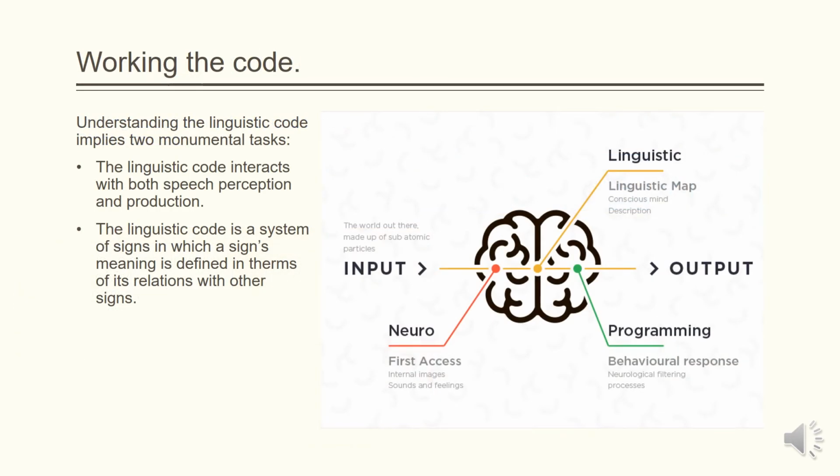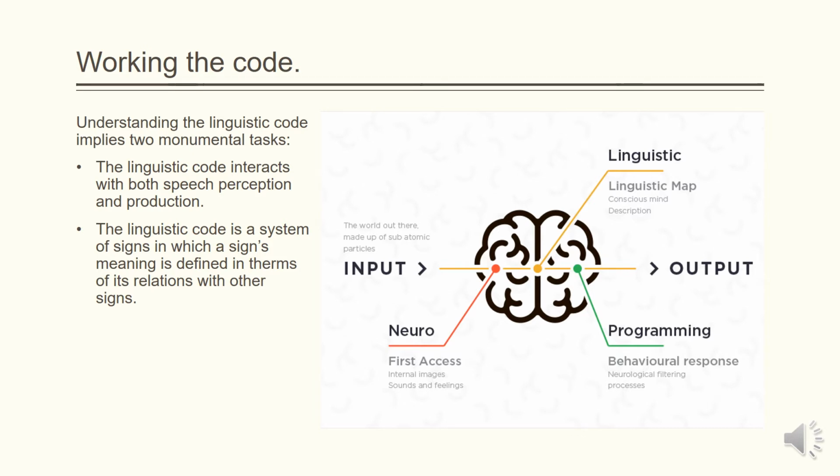Okay, now we are going to focus on the code. Why is language a code? Language is a very, very specific code, as we have already said, but mainly because when we are in a linguistic event, we need to understand.